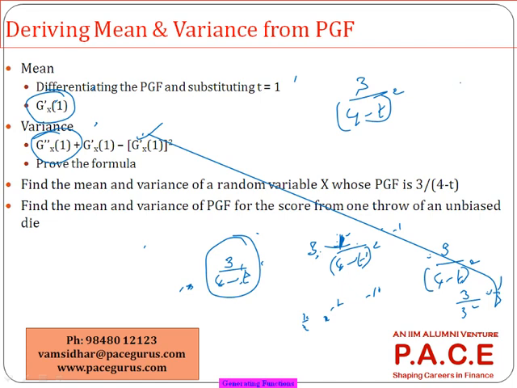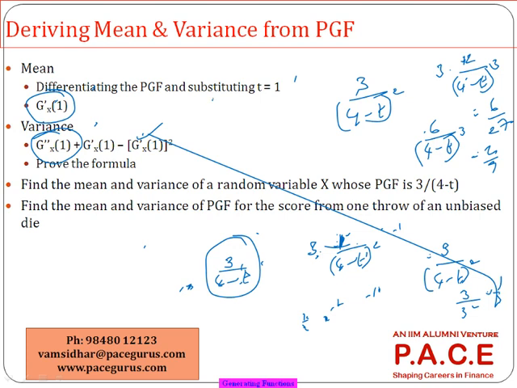So the derivative this time becomes 3, I take it out, minus 2 by 4 minus t whole cube. And again the derivative of minus t is minus 1. So this becomes 6 by 4 minus t whole cube. This is the second derivative. Again substitute 1. It becomes 6 by 4 minus 1, 3 cube, 27. So it is 2 by 9, my g double dash of 1.